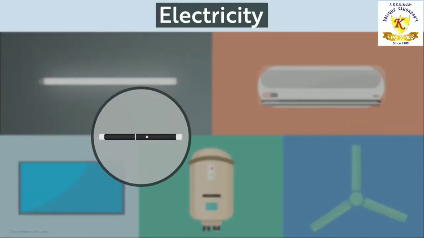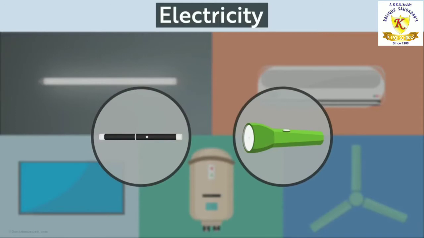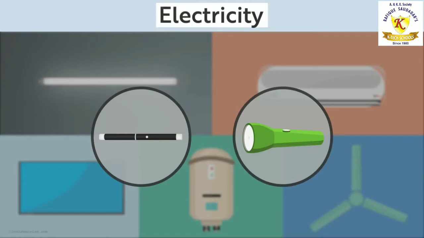A laser light or even a small flashlight also works on electricity. Imagine a life without electricity in the world today. The discovery of electricity has helped to start a new revolution in the history of humankind.